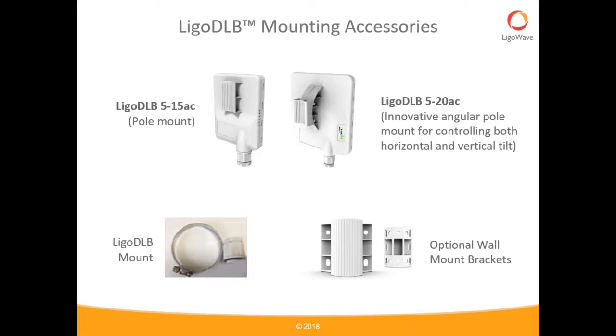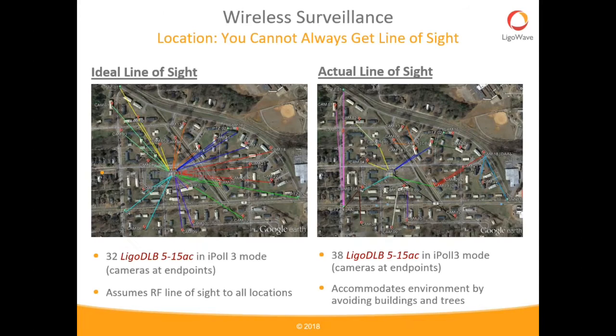That angular mount is really useful for being able to control the angle of direction so that you're pointed straight back where you need to be. We also sell optional wall mount brackets. So if I'm mounting this on the side of a building or on a wall, we have some optional accessories that will turn the pole mount into a wall mount.